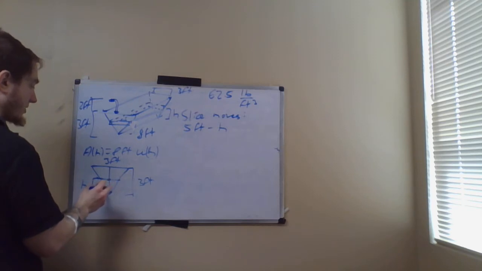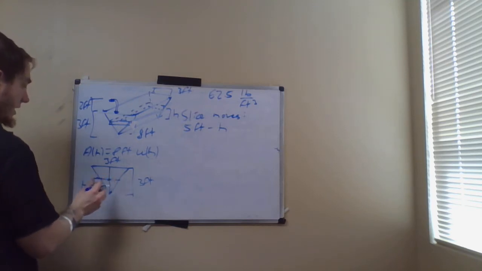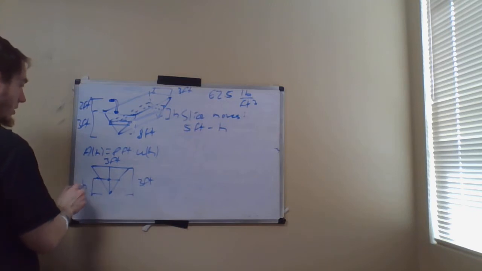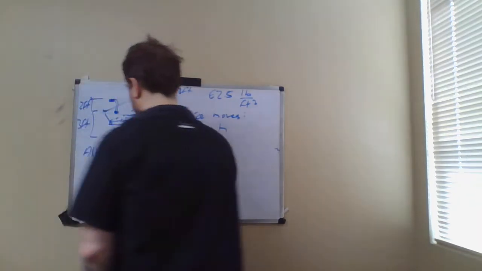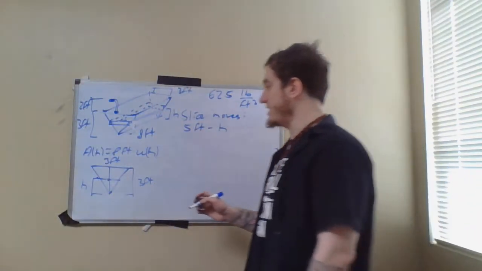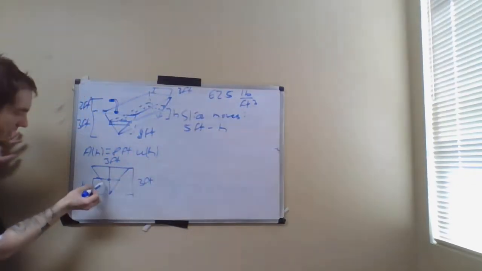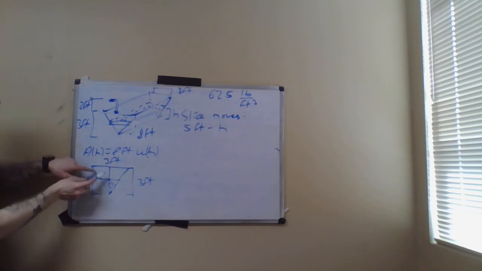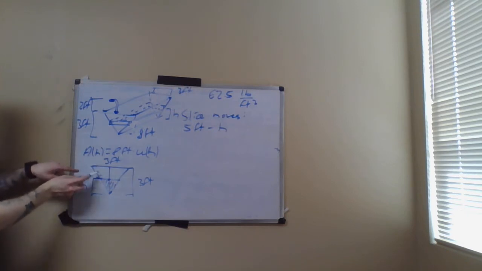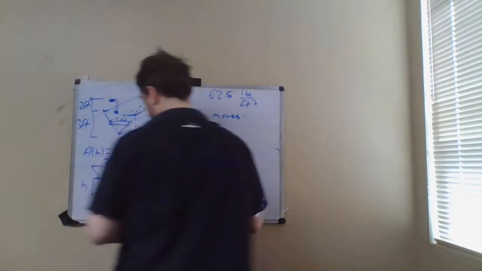Now, the thing is that the width here is going to be little h divided by this height of 3 feet times the width of this base, right? Because this little triangle down here with a height of h is similar to this triangle here with a height of 3 feet.